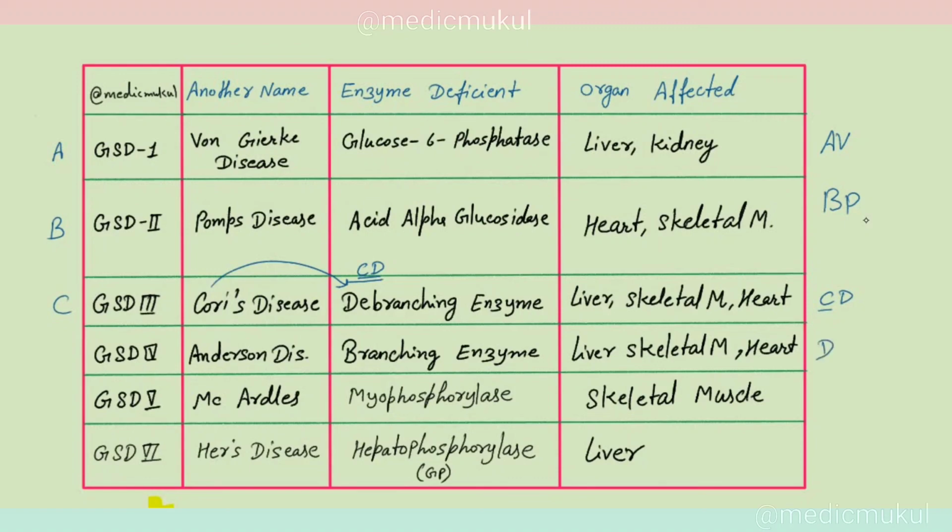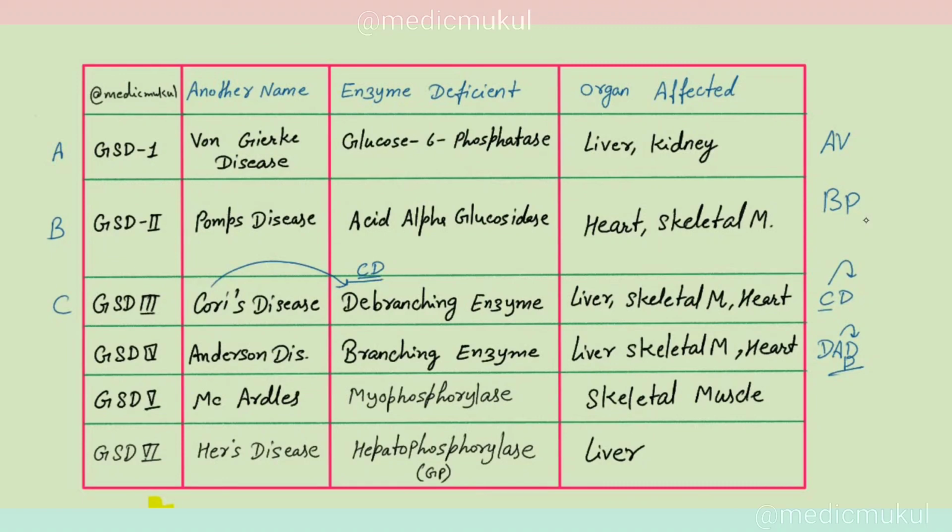Then D4, remember DAB. That will be Andersen branching enzyme. CD, Cori's disease, is debranching enzyme deficiency.